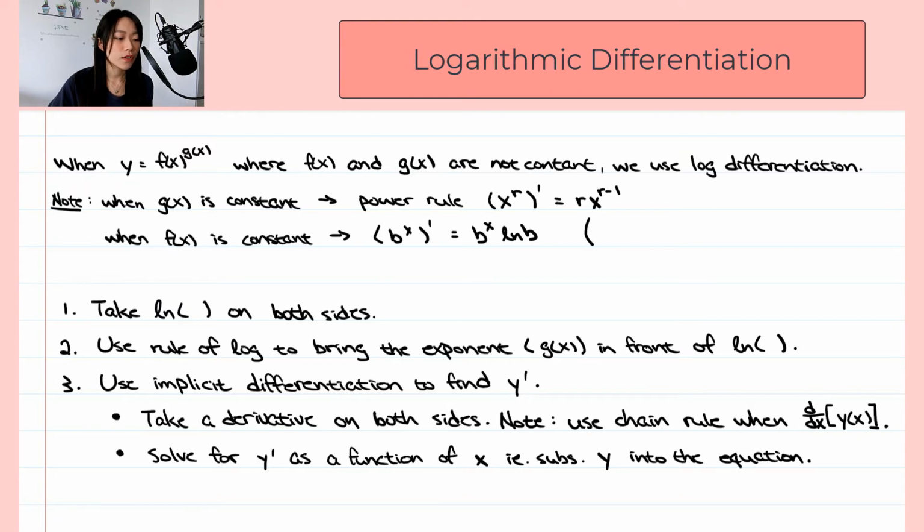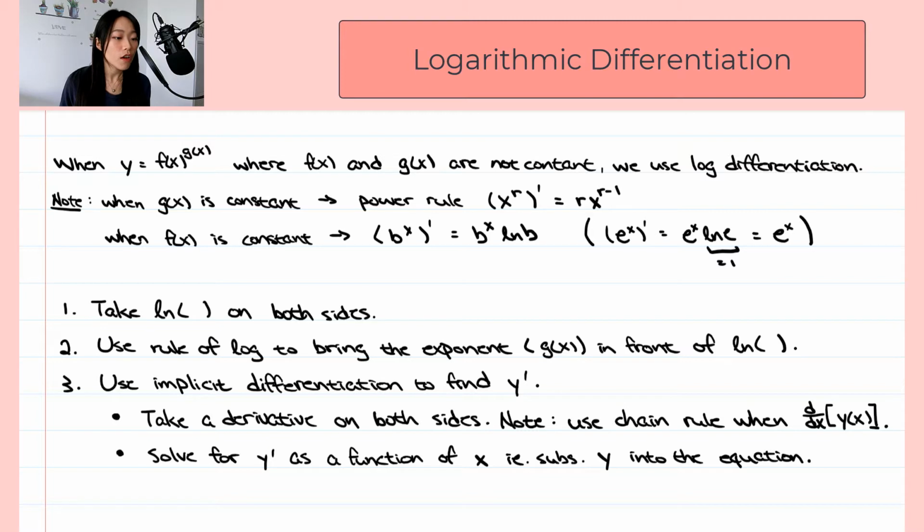In the last video, we proved the derivative of e to the power of x, and this is a special case of b to the power of x. Using this formula, the derivative of e to the power of x is e to the power of x times ln of e. Since ln of e equals 1, the derivative of e to the power of x is e to the power of x.